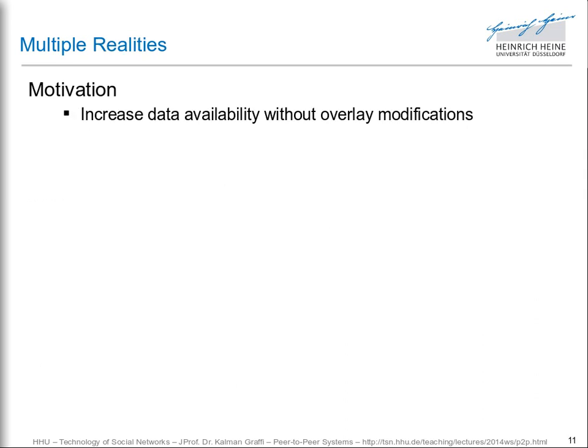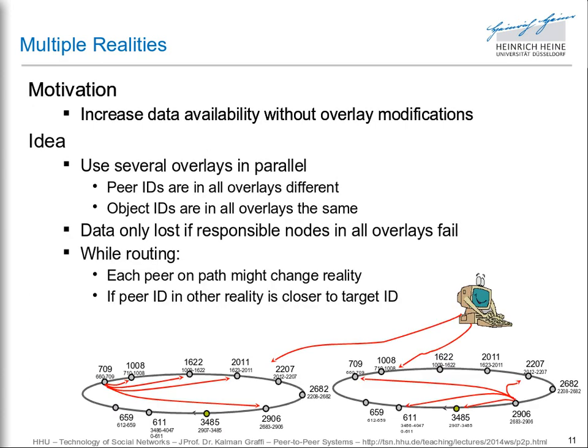Now, in contrast, we have the multiple realities, a small motivation. We want to use an overlay multiple times. So, for example, we could use two Chord overlays here and here, and in these Chord overlays we are located at different positions.